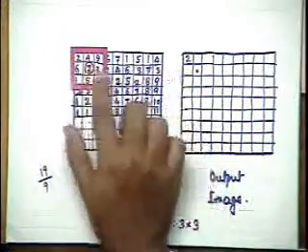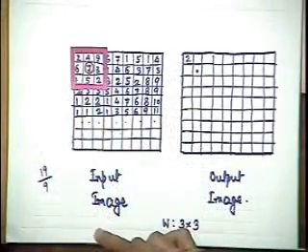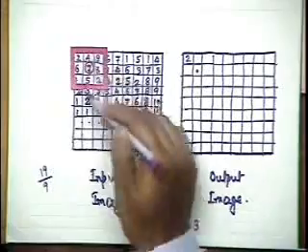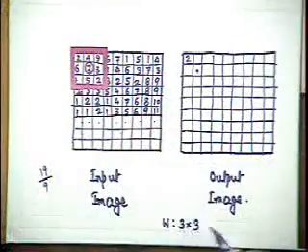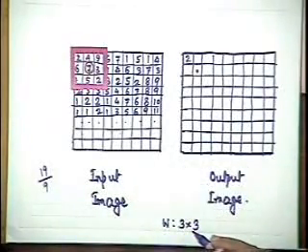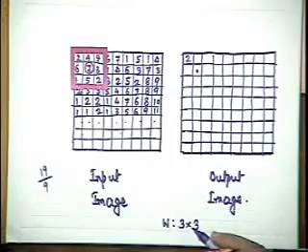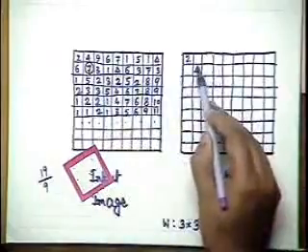And since the window size itself is 3 by 3, or 9 pixels within the window, it is 39 divided by 9, which comes to how much? 4. So just see, in the original image, this intensity was 7, and in the processed image, this intensity is becoming 4. Now why has this happened?